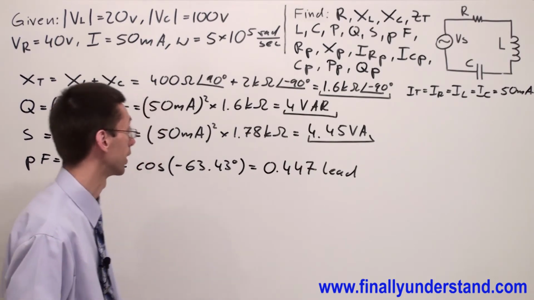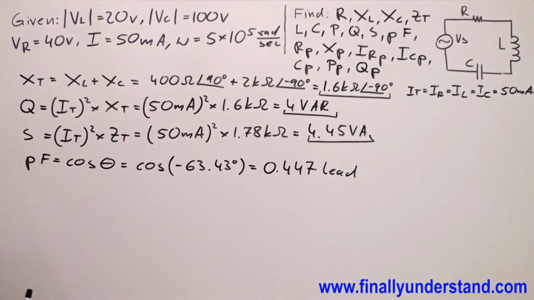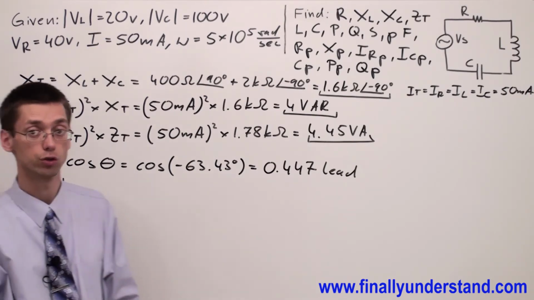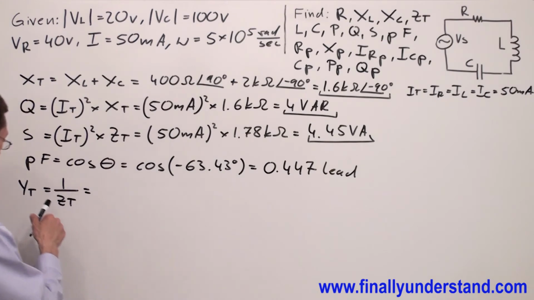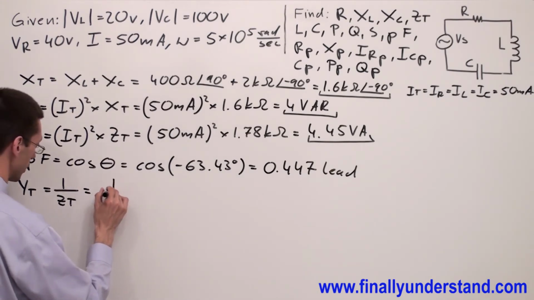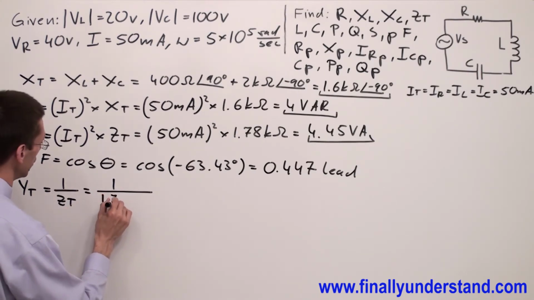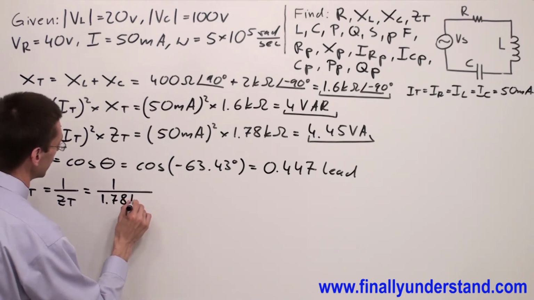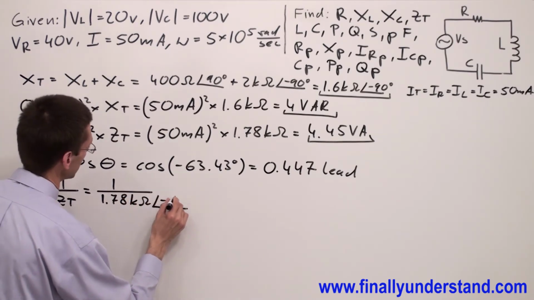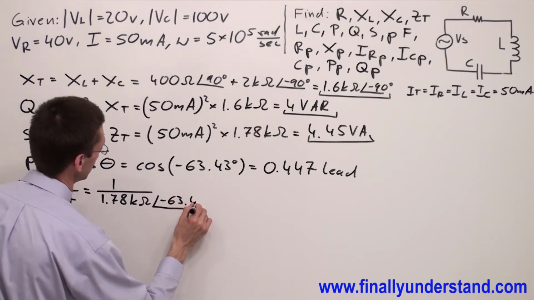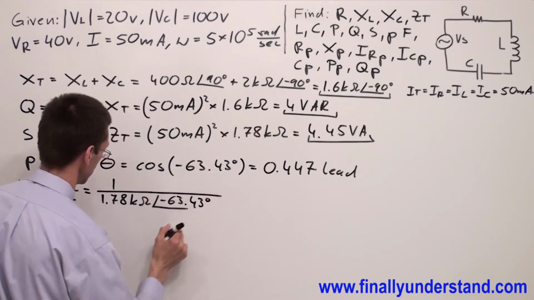63.43 degrees. Okay, so next we're supposed to find the parallel equivalent circuit. In order to do so, we're supposed to find Y total. Y total is equal to 1 over Z total. Now I would like to ask you to switch your calculators to the rectangular mode in order to get the answer from this calculation in rectangular form. So I have 1 over Z total, which we found is equal to 1.78 kiloohms, and angle of negative 63.43 degrees.